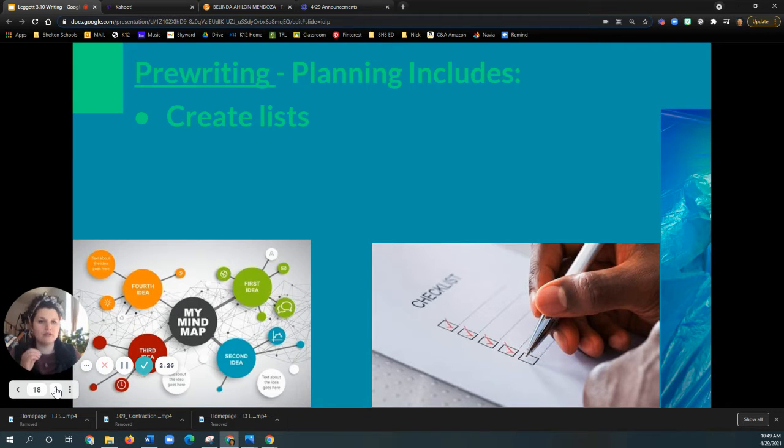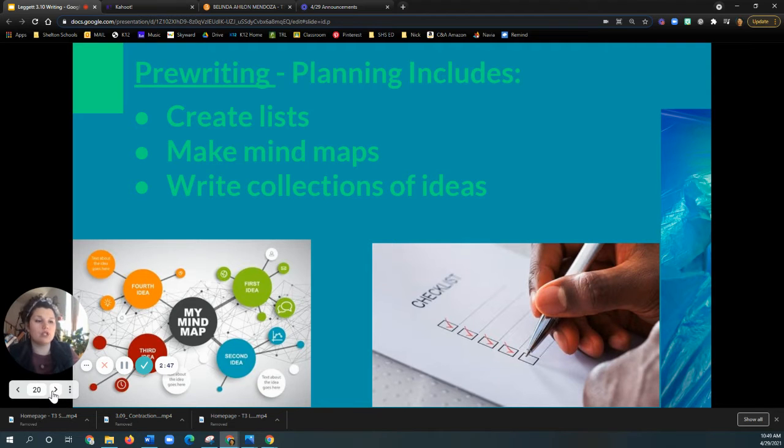So let's talk about pre-writing because that's where we're going to focus most of the task today. When you pre-write, there's a couple things that you can do. This could include creating a list. This could include creating a mind map or a web of ideas.